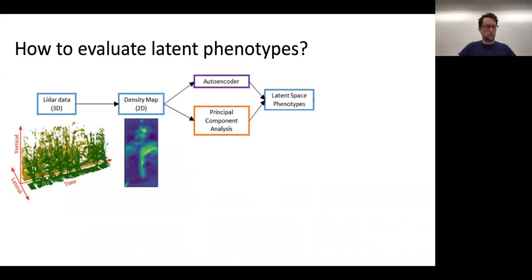So we use our autoencoder and we use principal component analysis separately to derive latent space phenotypes. But that's really only the beginning. Once we have these latent phenotypes that are somehow chosen by computer models, the question is whether they're any good or whether they're at all useful.